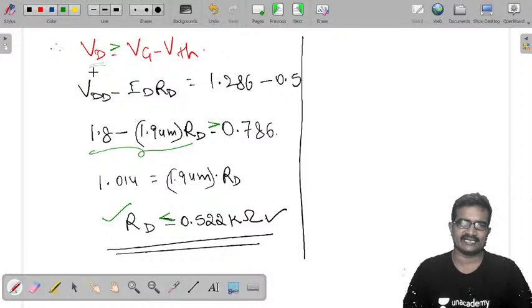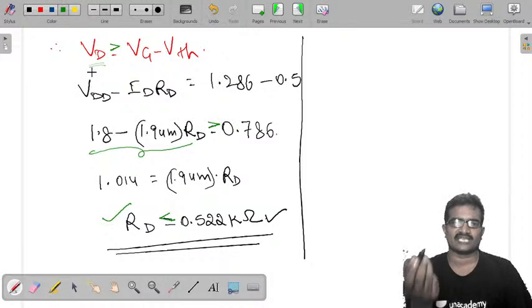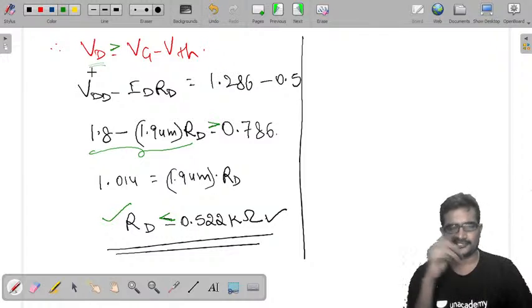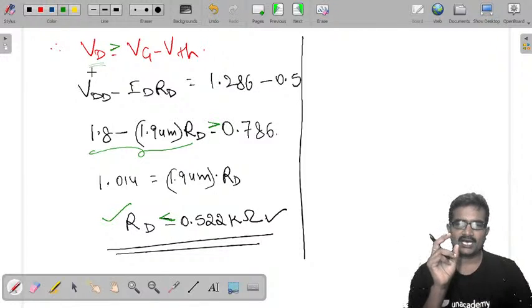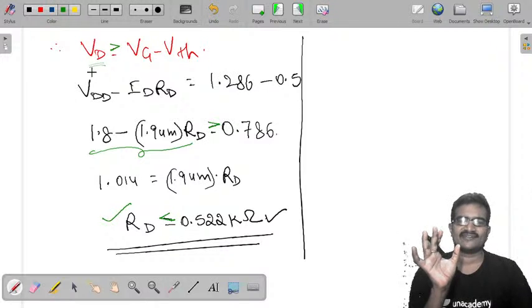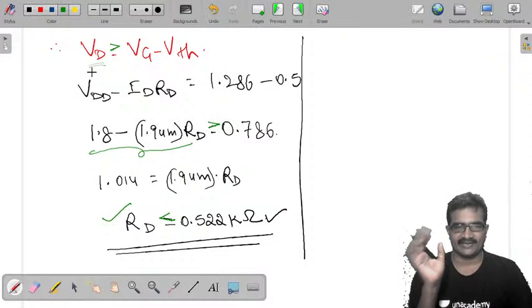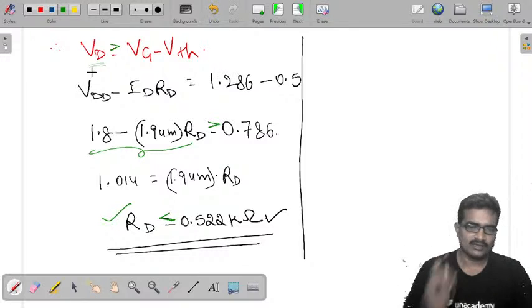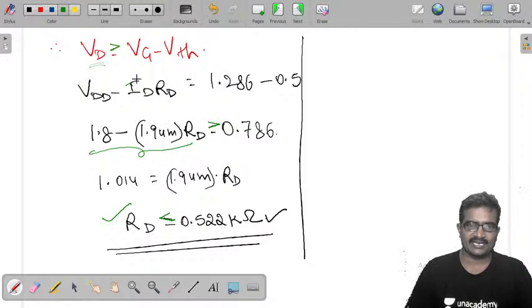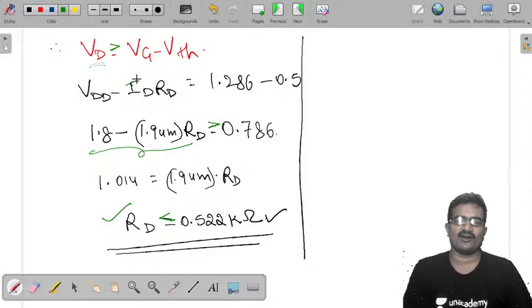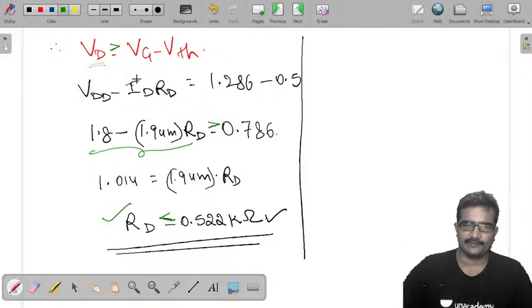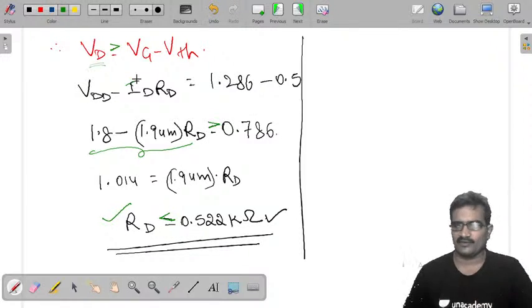Once VD decreases, your device moves from saturation to the linear region. That is the problem. So this problem in MOSFET is not similar to the JFET, not that easy, because you should maintain the region of operation at the same time. Once we enter amplifiers, you will understand this in a better way.